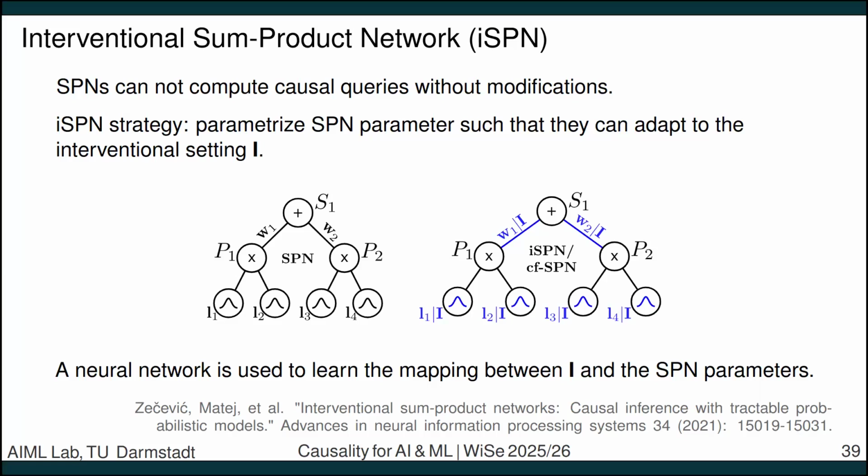But to make them more causal, we again, as in the previous models, need to think about what it means to intervene on those observations. How do we model interventions within an SPN?